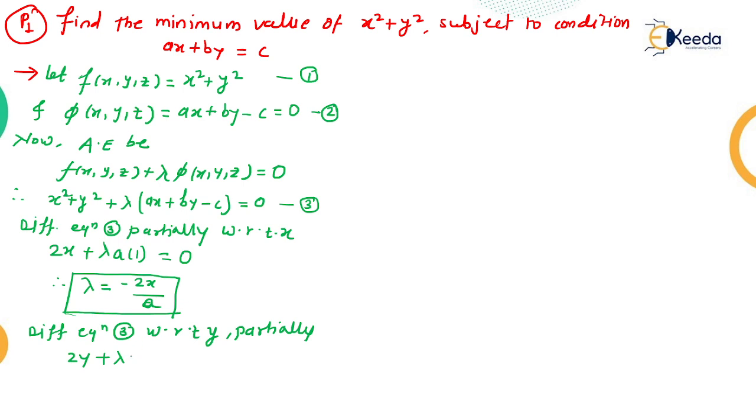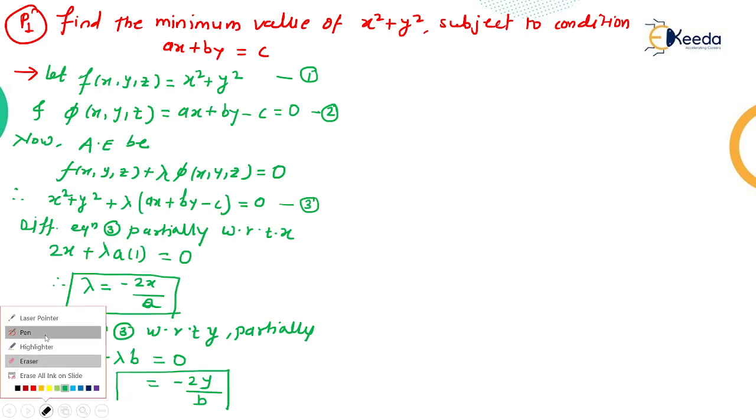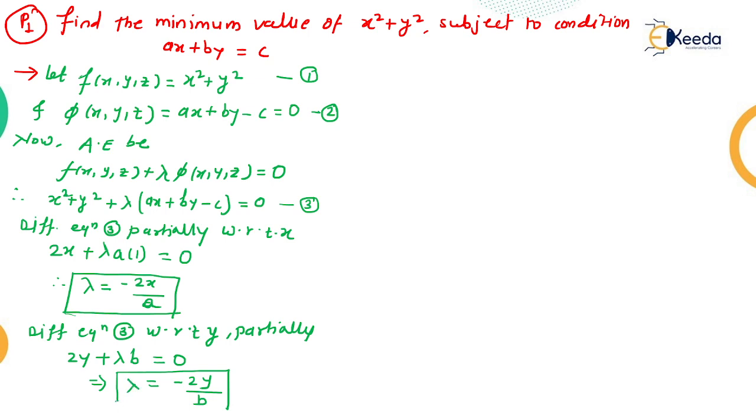Its derivative is clearly b, because the x derivative is 0 and minus c derivative is 0. Therefore this equals 0, and we get lambda equal to minus 2y upon b. This is the value for lambda.